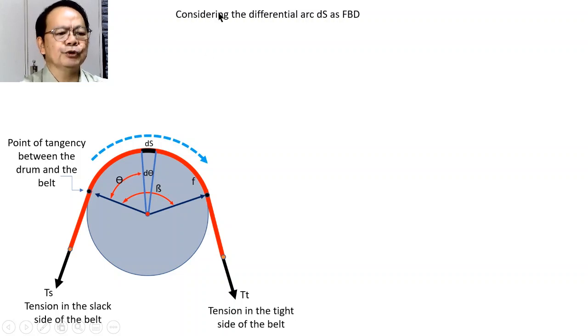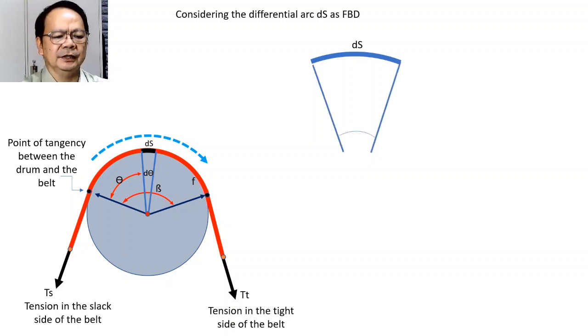Now, if we are going to consider the differential arc ds as a free body diagram, let us try to imagine that this is enlarged for the purpose of discussion. This angle theta is subtending an angle d theta that is very small, and the direction of the motion of the differential arc of the belt is defined by this motion.